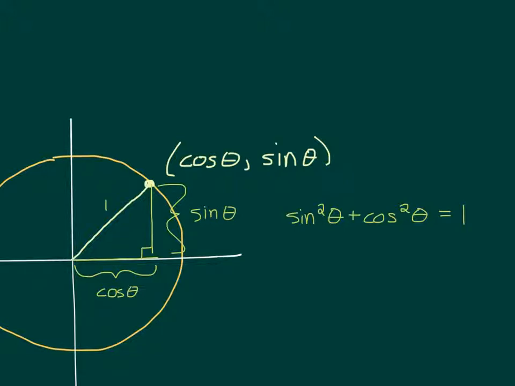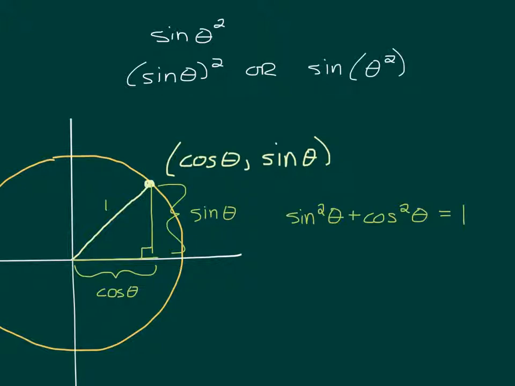And just as a note for that sine squared theta thing, if I write sine theta squared, that is vague. That could be sine theta, squared, or that could be sine of theta squared. To eliminate the vagueness there, this is going to mean that one.